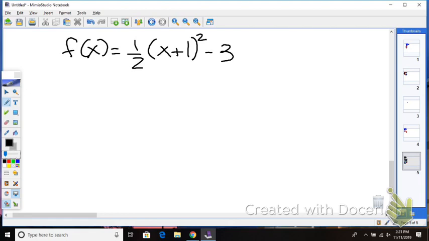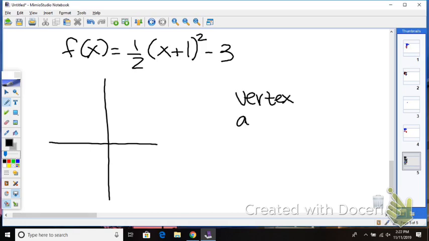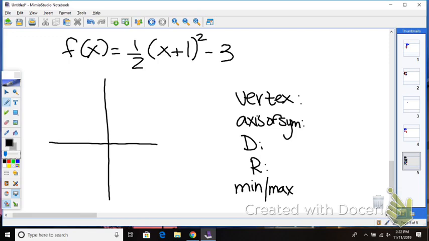You need to do everything. You've got a graph over here. I want you to state the vertex, the axis of symmetry, the domain, the range, and min or max. You guys do everything.